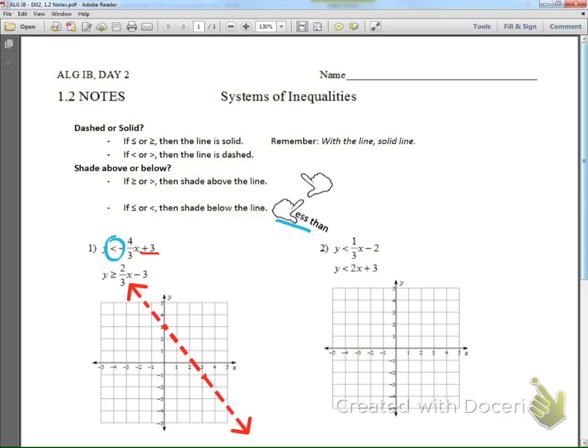Instead, what I would like for you to do is, on either end of the line, at the very end, draw a little teeny arrow pointing down. We're going to use this as reference later on. So when we say below the line, sometimes that can be hard to see.